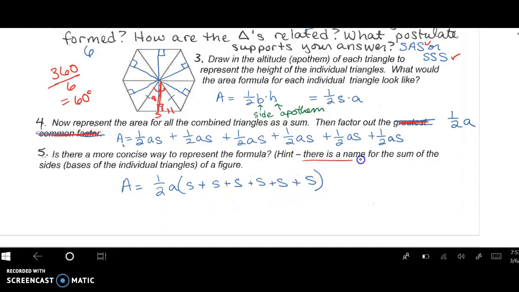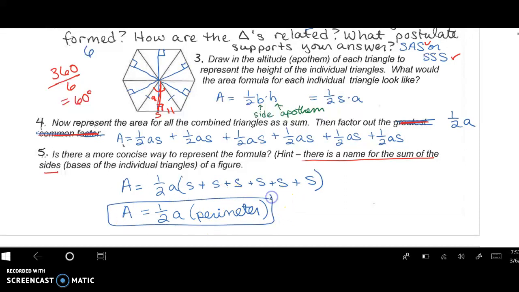And then, hint, is there a name for the sum of the sides of a shape? What is it called when you add up all the sides of a shape? It's called the perimeter. And that, my friends, is the area formula for a regular polygon.